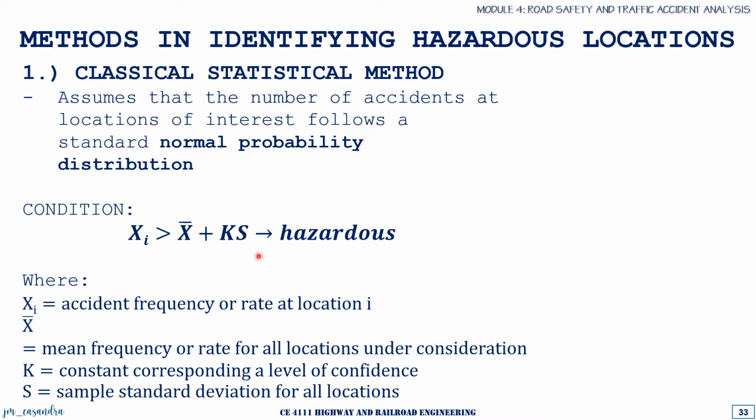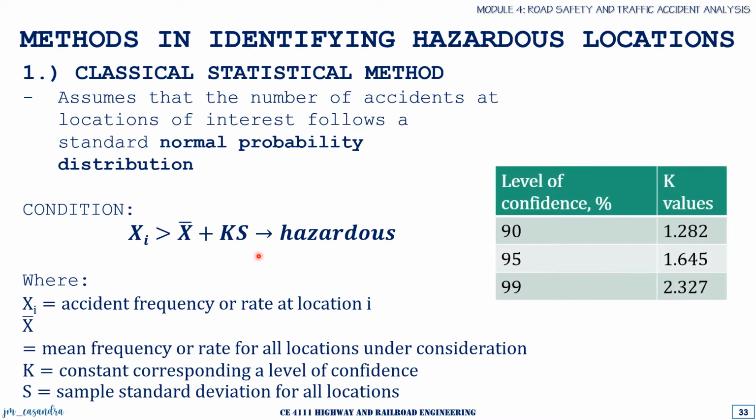So generally, in our computations, we'll consider k values for levels of confidence at 90, 95, and 99%, with equivalent k values of 1.282, 1.645, and 2.327 respectively.